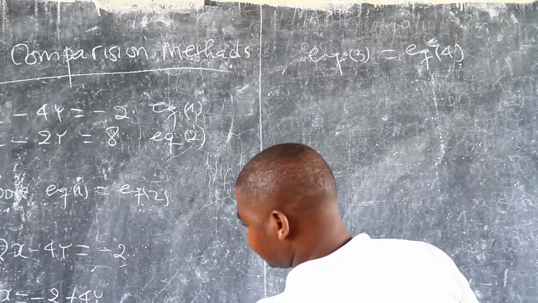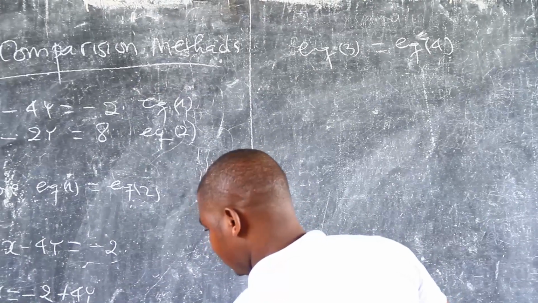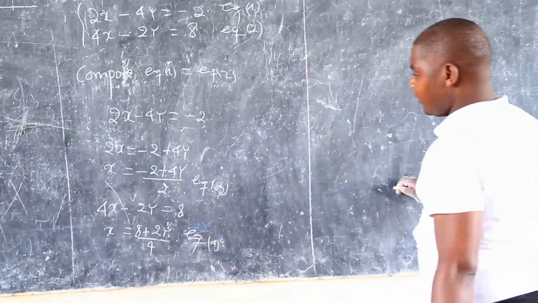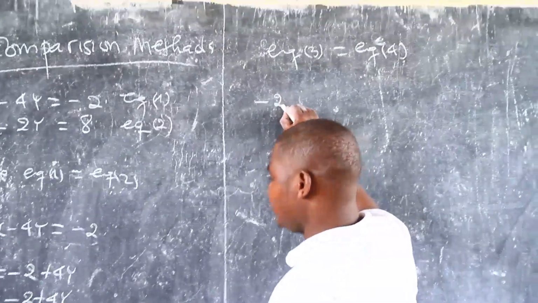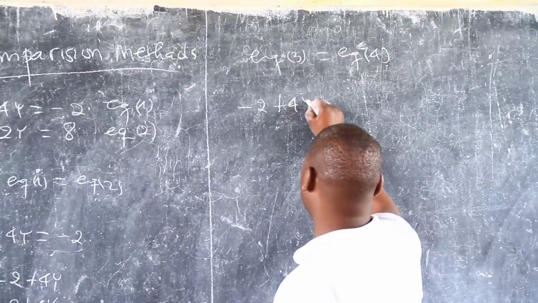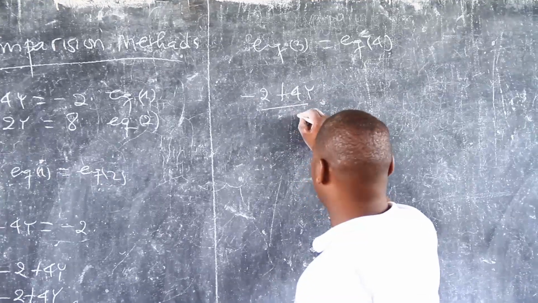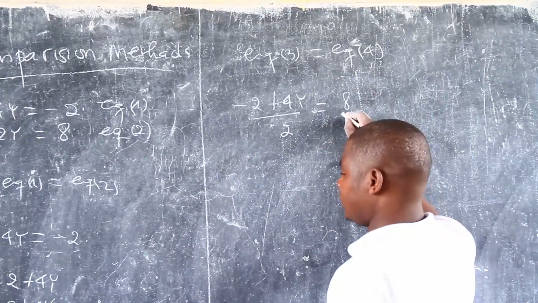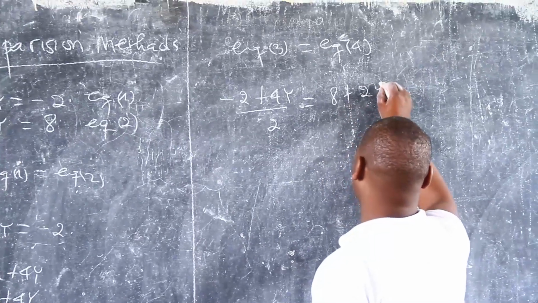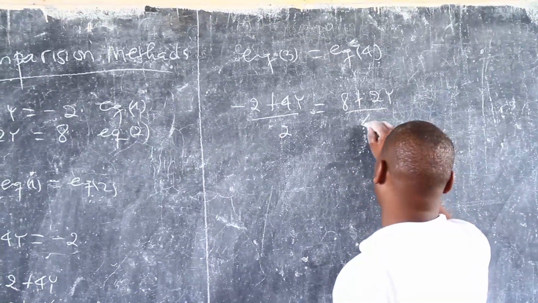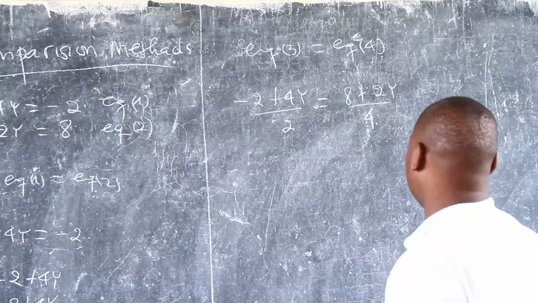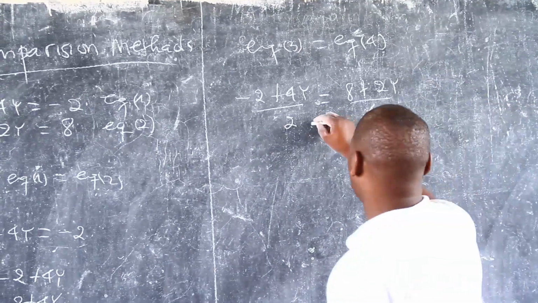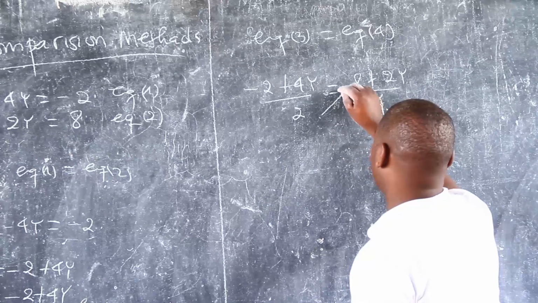We have the value of x in equation number 3 and the value of x in equation number 4. I find that negative 2 plus 4y over 2 will be equal to 8 plus 2y over 4. What can I find? I can simply do cross multiplication.